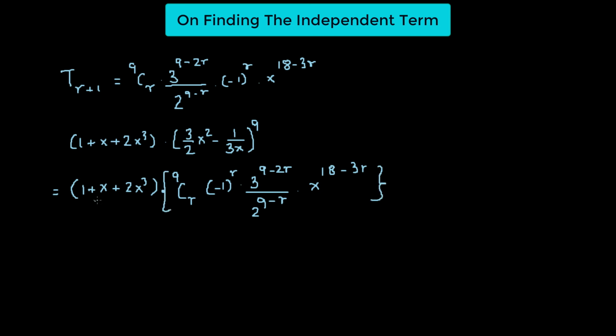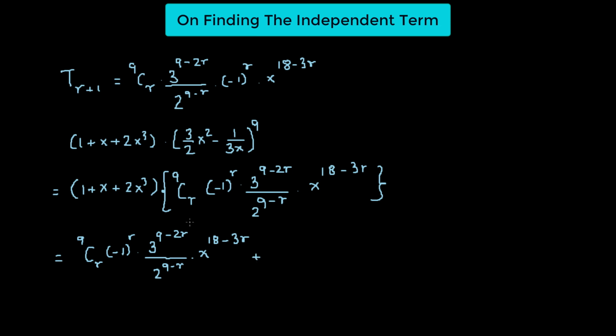Now we're going to distribute each term of the first expression with the general term of the second expression. So 1 times the entire thing gives us 9Cr times negative 1 raised to the power of r times 3 raised to the power of 9 minus 2r divided by 2 raised to the power of 9 minus r times x raised to the power of 18 minus 3r.